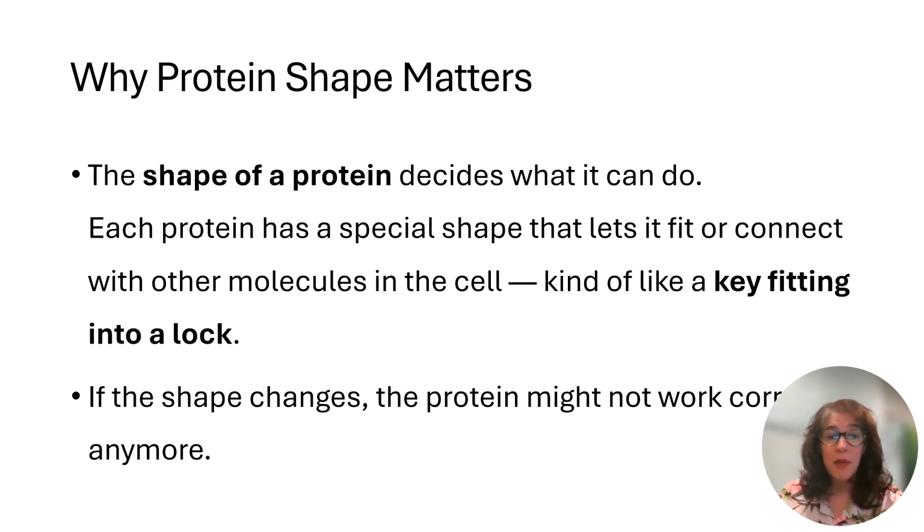And when we talk about the mutation sickle cell anemia, that is a mutation that changes the shape of the protein. The one codon, instead of coding for glutamic acid, it codes for valine, and that one change changes how the protein is formed.